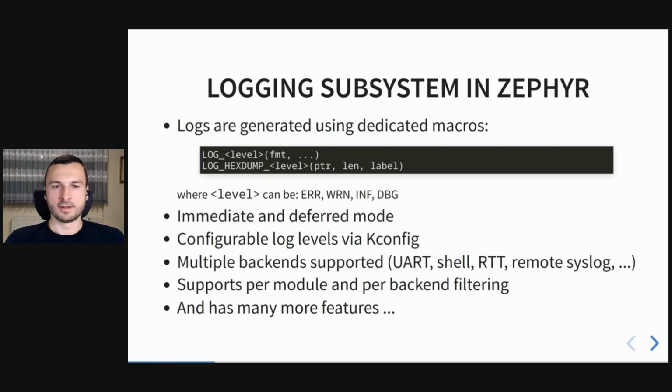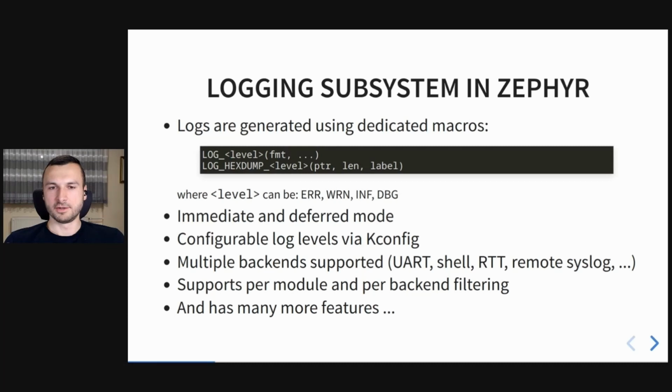There are log levels, and most of the subsystems allow configuring them over Kconfig. And there are multiple backends supported by logging. The most commonly used are the UART and shell, which work pretty much like printf, so the information is on the console.